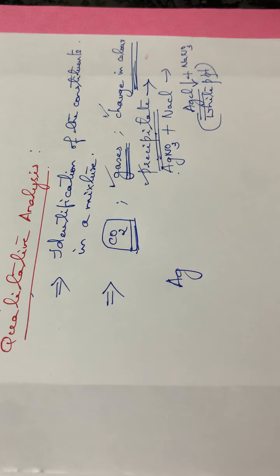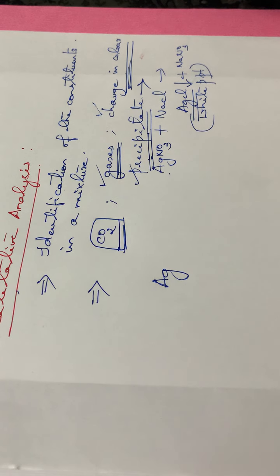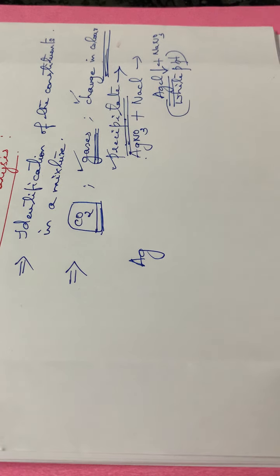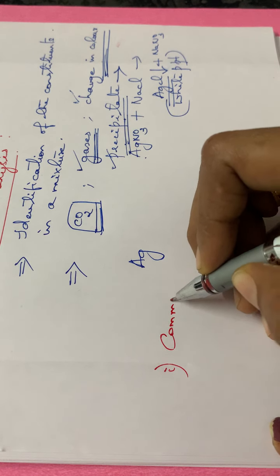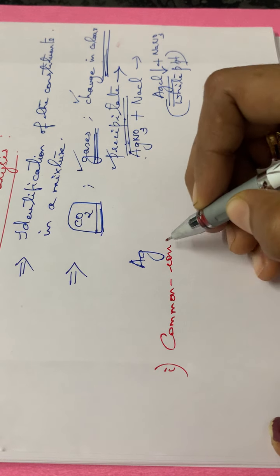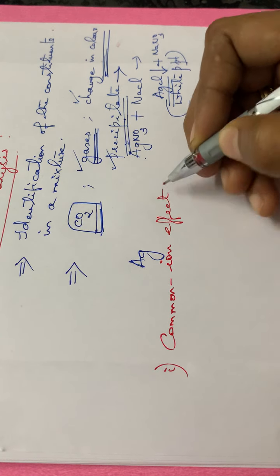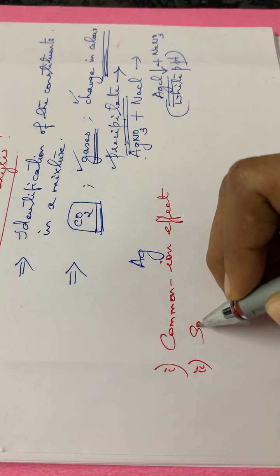And also in this qualitative analysis, you have to study two major concepts. The first one, which you might have studied in your +2 classes itself, is the common ion effect. And the second one is the solubility product.